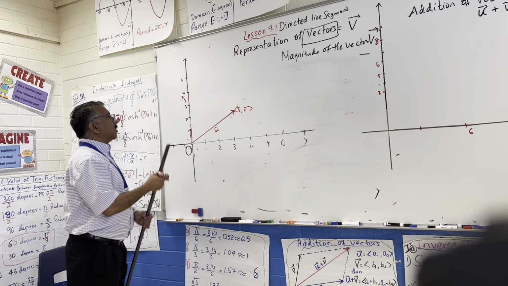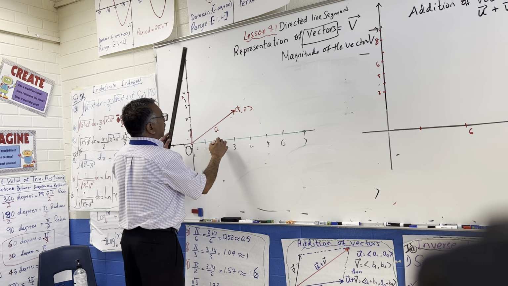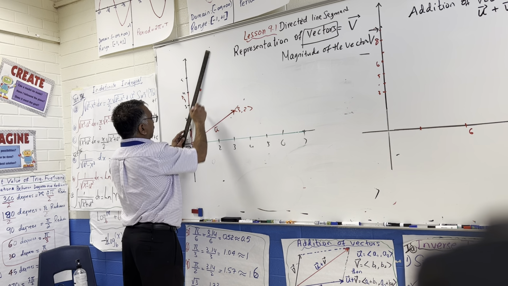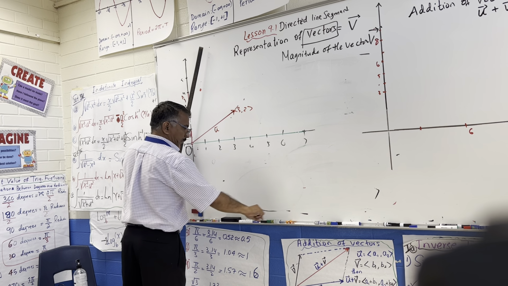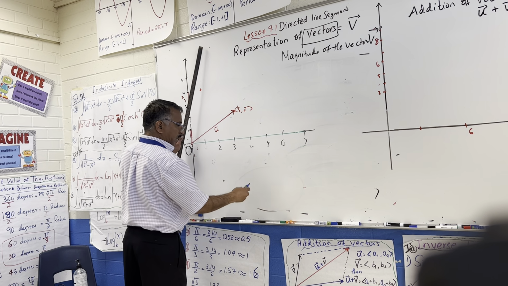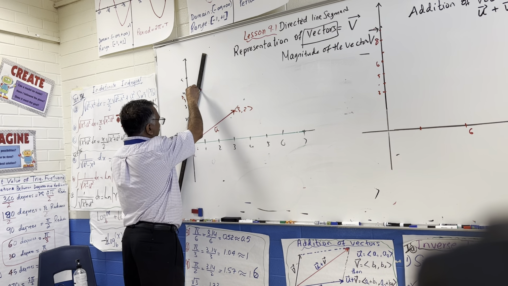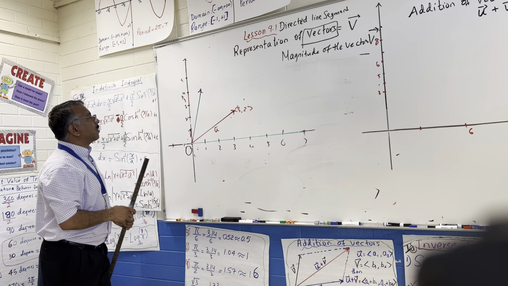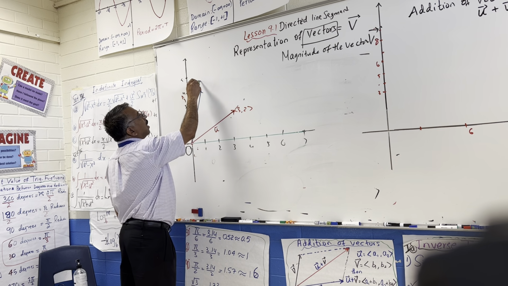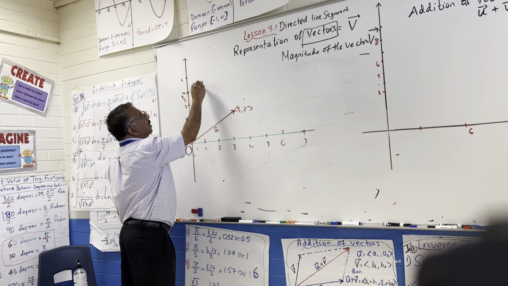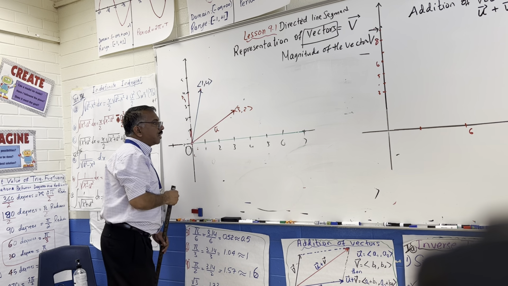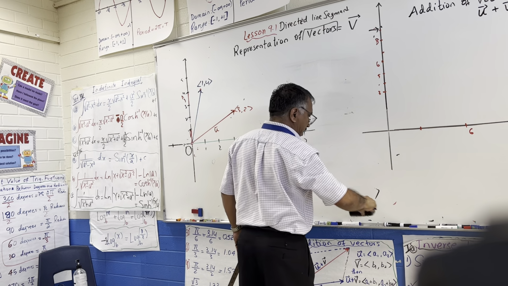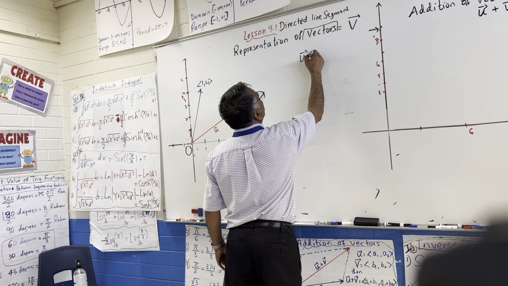And there is another vector v bar, and this one we will take as 1, 4. So we want to understand what the meaning is. Now this is 1 and 4, and I did it on purpose. So how do we add? The question is, what is the meaning of u bar plus v bar?